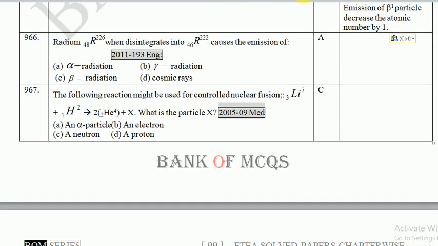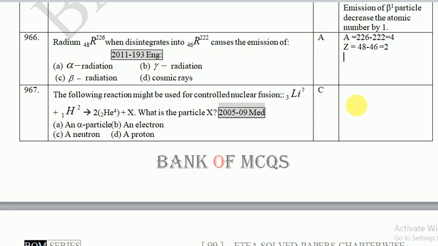Now radium disintegrates, causing the emission of what? We can see that 88 is decreased by 2 and 226 is decreased to 222. So a decrease of 4 in A and 2 in Z can be seen. The change in A is 226 minus 222, that is 4, and for Z the change is 88 minus 86, that is equal to 2.